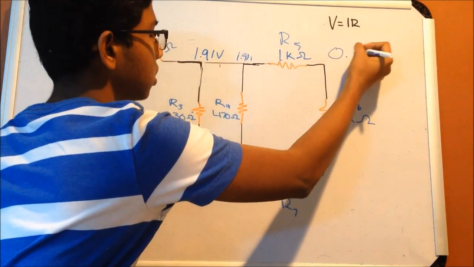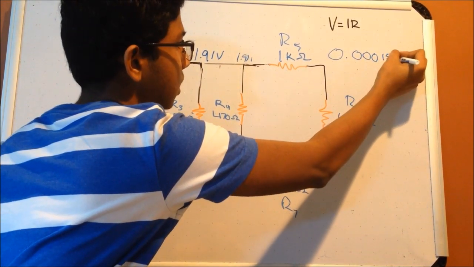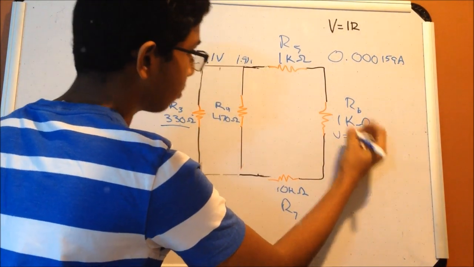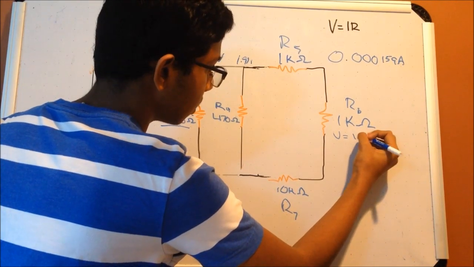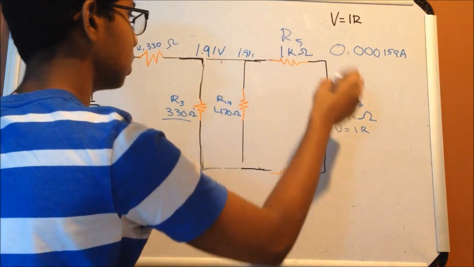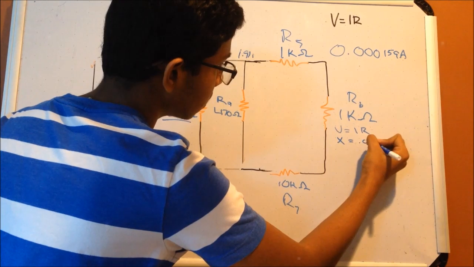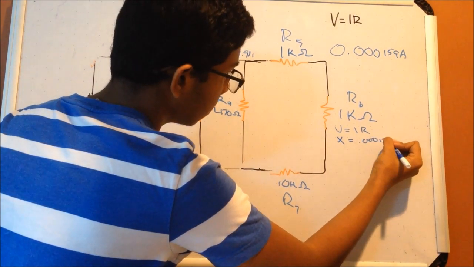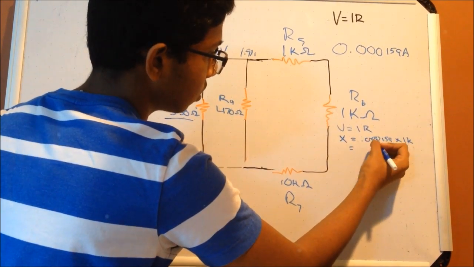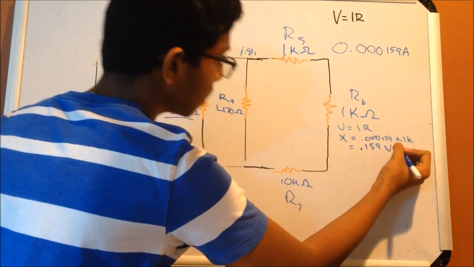Alright, now since we know the total current is 0.000159 amperes, we can find the individual voltage. So using V equals IR for resistance number 6, let's calculate that. So voltage is our unknown. Current is 0.000159 times 1K, which equals 0.159 volts.